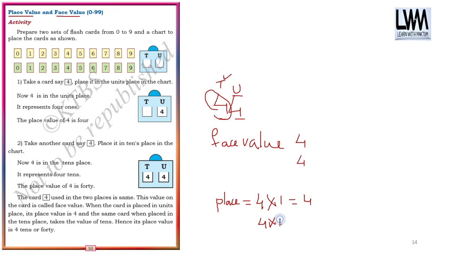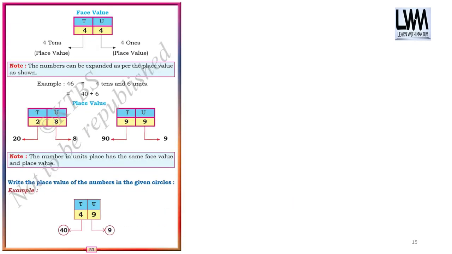Tens place means 10. 4 tens are 40. Right? Understood? The same thing they have explained here, and here also they have explained the same thing. This is all about place value they have given.